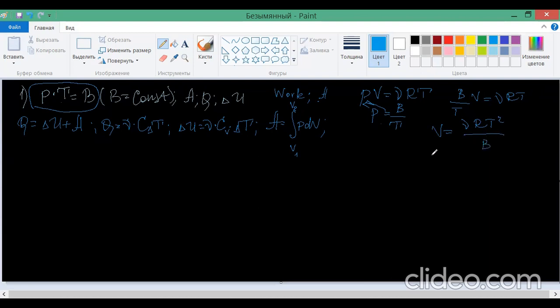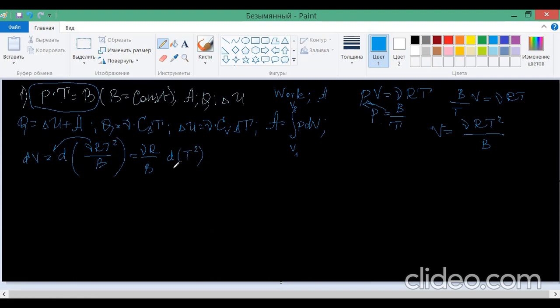And now we can calculate the differential of the volume, dV. So dV is equal to d of this fraction, nu R T squared over B. But nu, R, and B are three constants, which we can put before d, and we will get nu R over B times d of T squared.